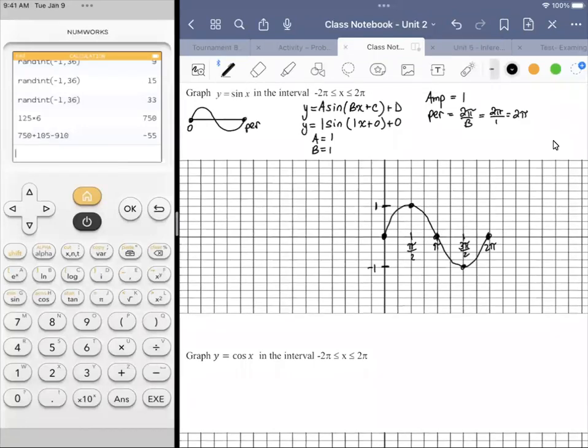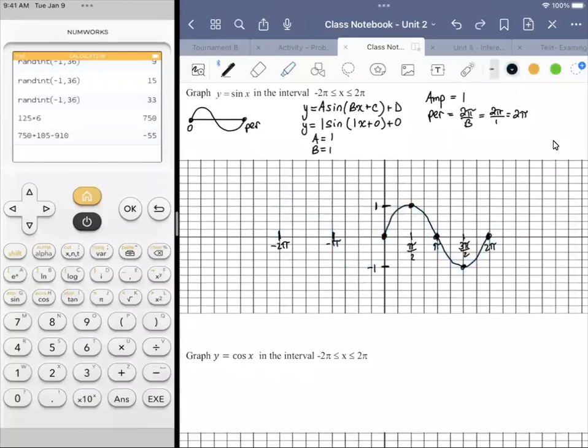Now, my domain says that I have to do that over a -2 pi to 2 pi interval. So I have to do the same stuff, just going in the opposite direction. So here's -pi, -2 pi. I'm just going to follow the trend in the opposite direction. So starting here, down, up, down, follow the trend, it's going to look something like that. All right.